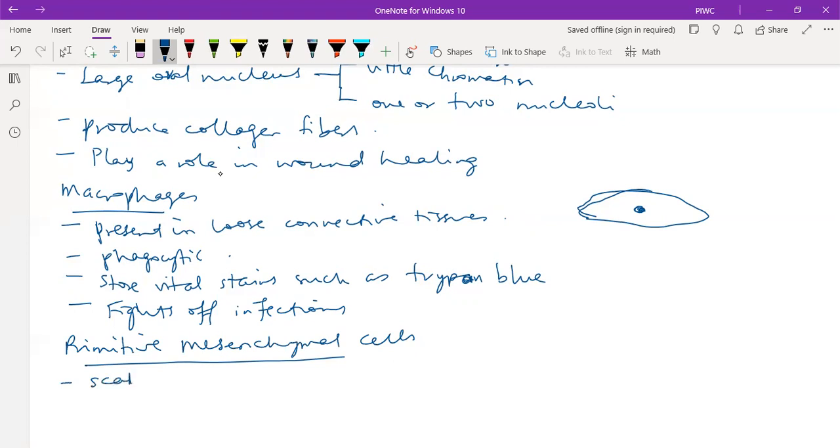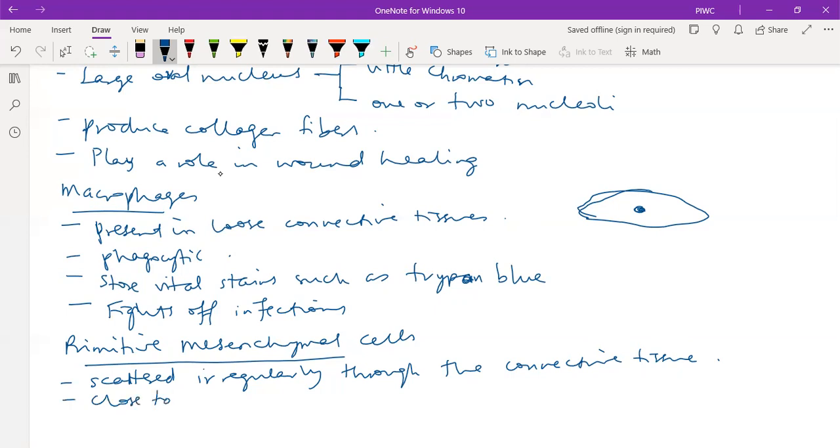So they are scattered irregularly through the connective tissue, close to capillary walls.